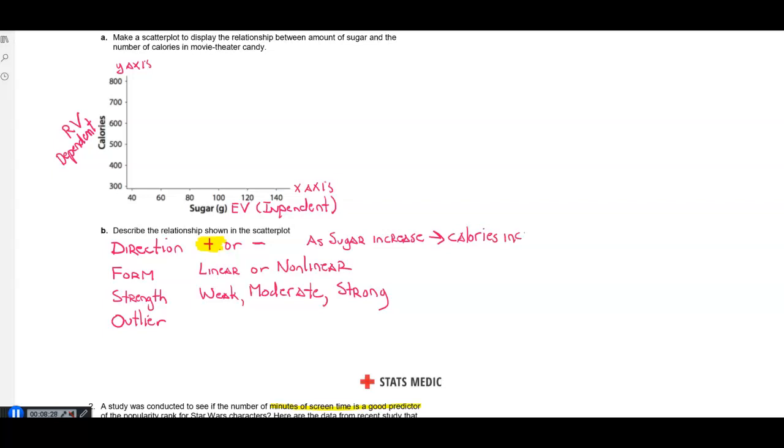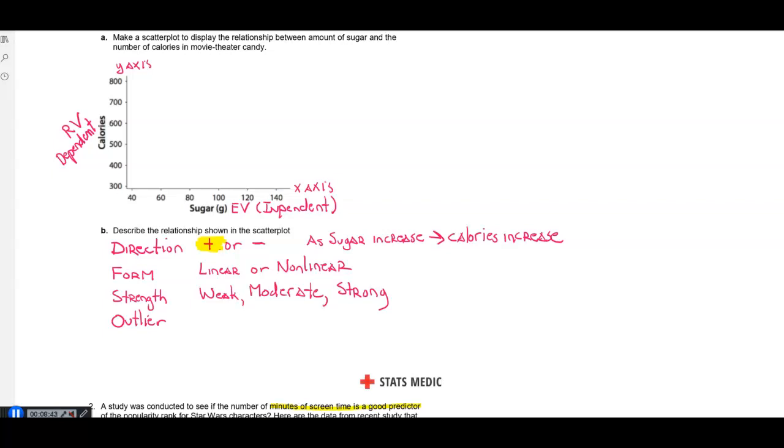That's what positive means. So we're going to predict that this should be a positive relationship. Now the form we don't know until we graph it.